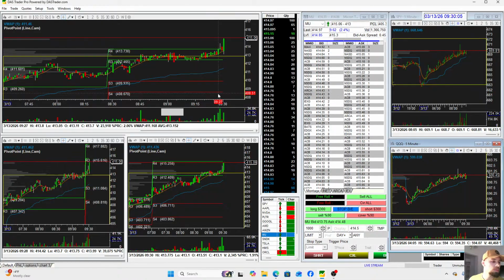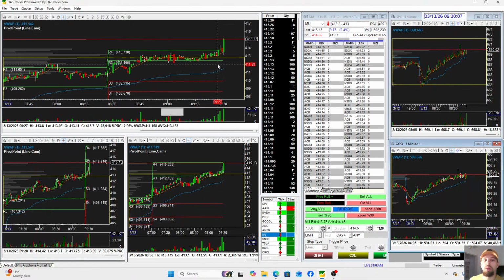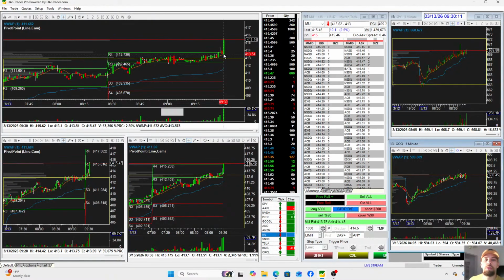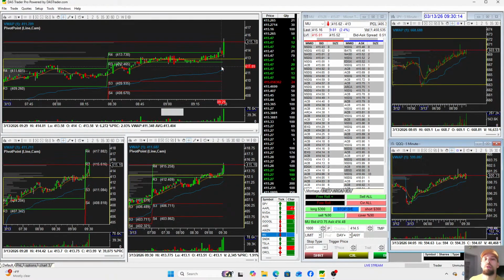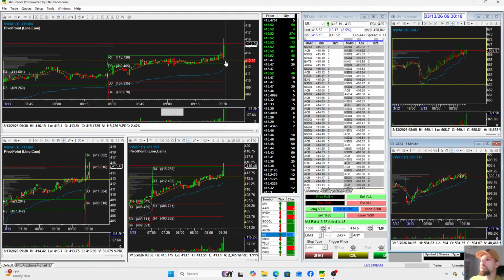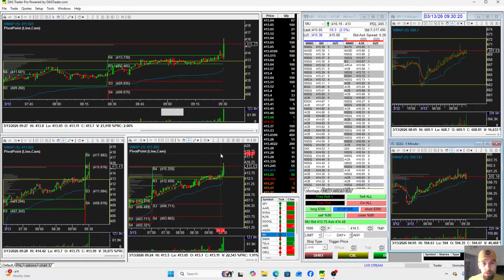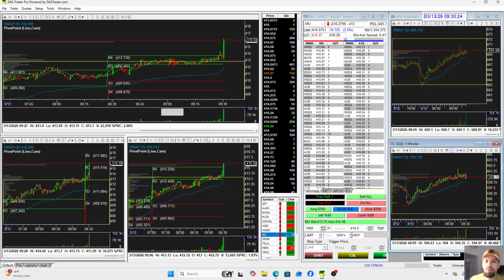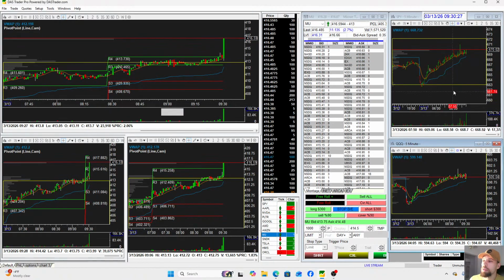Ding, ding, ding. Market's open. MU. Seeing if it's going to just push up here. It opened above the box here. This was the one that looked like a good potential long to the upside. So far it looks strong. Lots of volume.